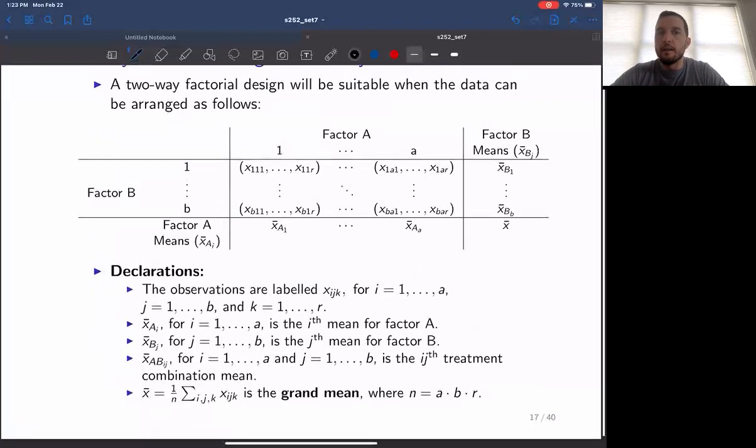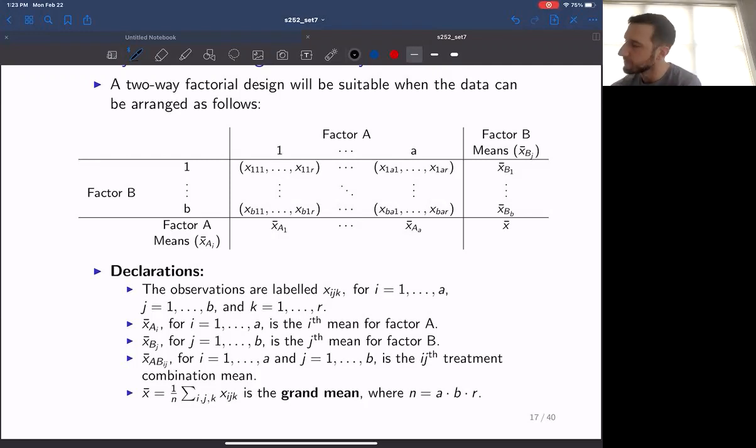When we are working in a two-way ANOVA situation, we will have two explanatory variables, and we will have what is called replication at each treatment combination. This diagram shows the layout of data that would typically belong to a two-way ANOVA.